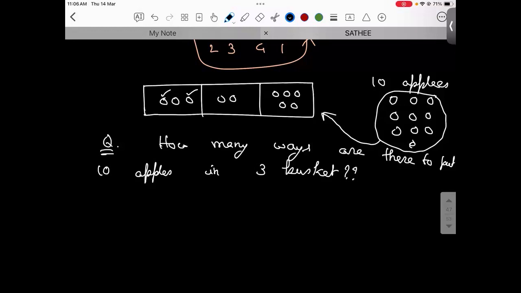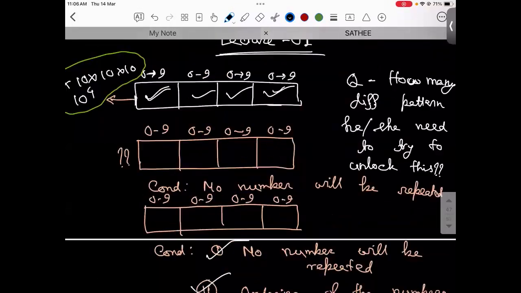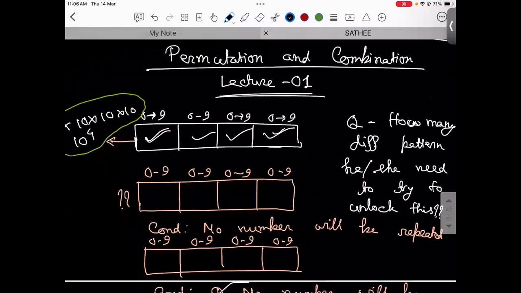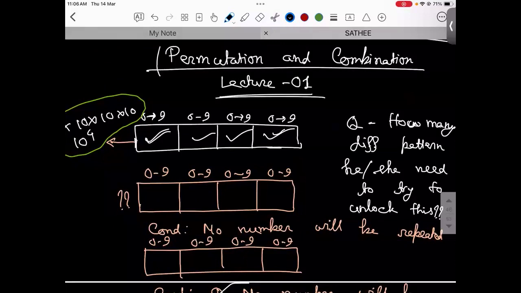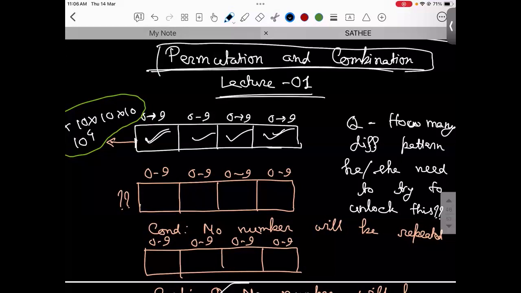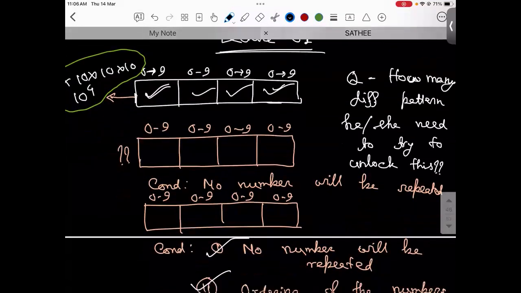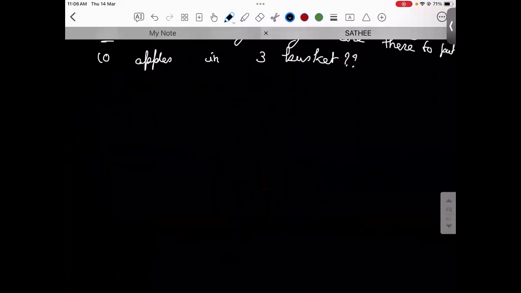So these are the questions which motivate us to study this chapter, permutation and combination. Okay, so let us start with the first fundamental principle of counting.